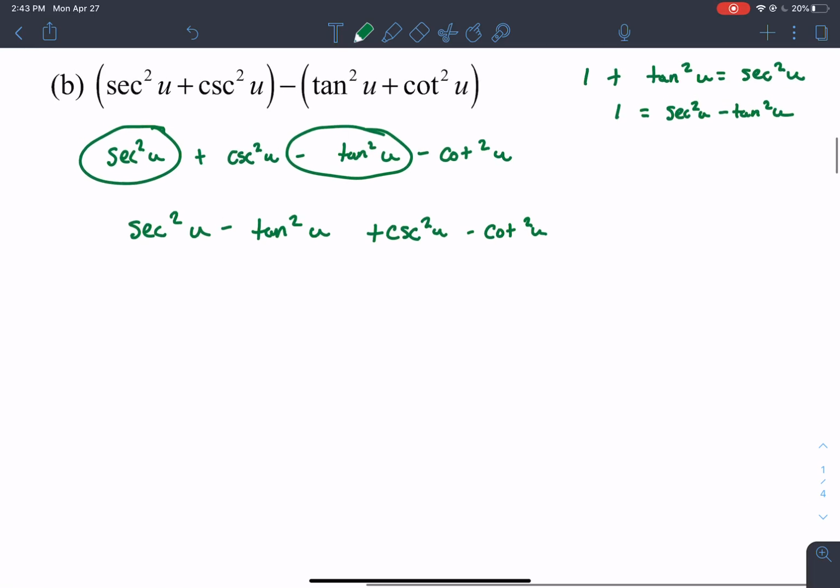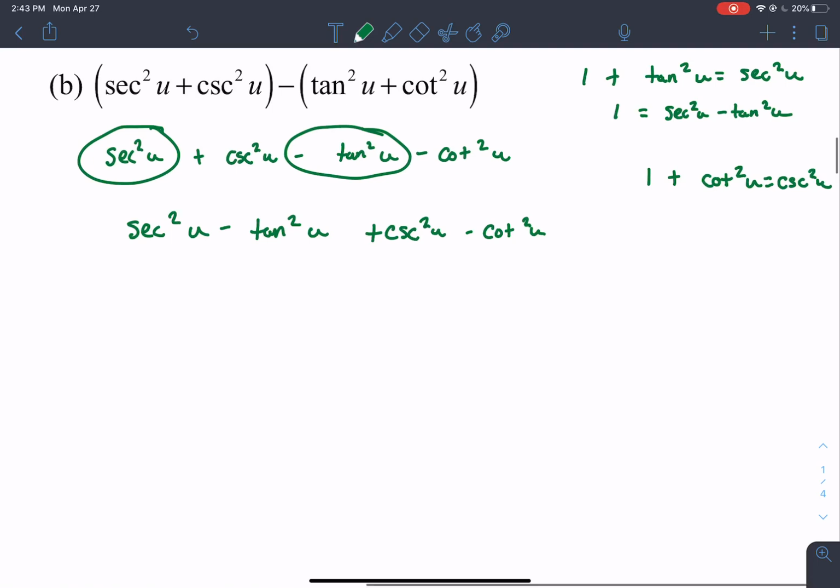Now another one you can do is also, you have 1 plus cotangent squared equals cosecant squared. If you subtract the cotangent squared over, that leaves you with cosecant squared minus cotangent squared.